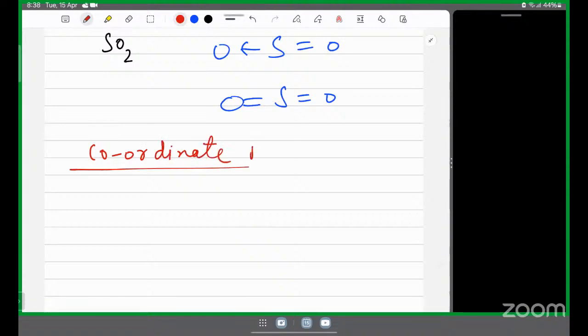So coordinate bond is a special type of covalent bond in which one atom has a complete octet and another atom B has an incomplete octet. Atom B requires some electrons, and these electrons will be provided by the atom whose octet is complete.